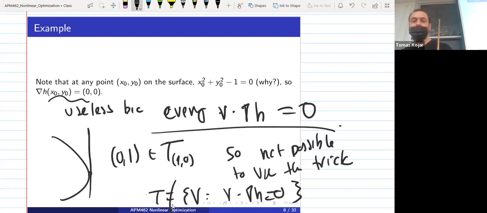Doesn't work. Do you understand? Again, in our course, it will be very easy to find the tangent space because you just have to solve a 2x2 system. But I just gave you an example that it's not always possible. Okay, so we're doing baby steps, step by step. Okay, good.